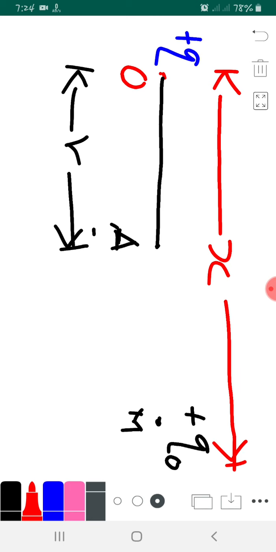So now the target is in front of us. We have to bring this unit positive charge Q0 from M to A.